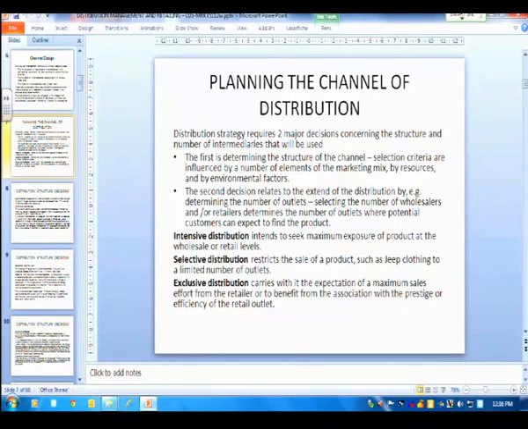Exclusive distribution. This carries with it the expectation of a maximum sales effort from the retailer or to benefit from the association with the prestige or efficiency of the retail outlet.